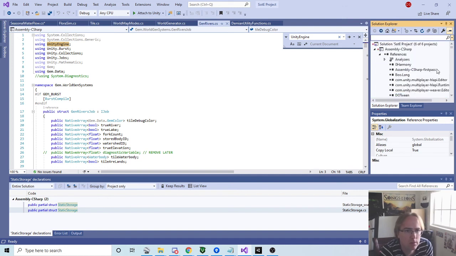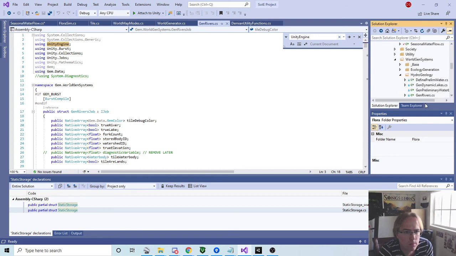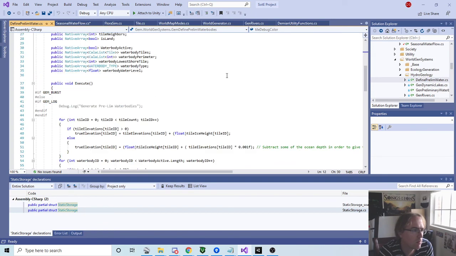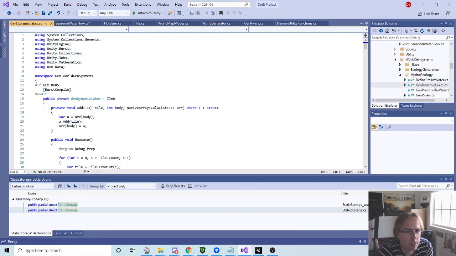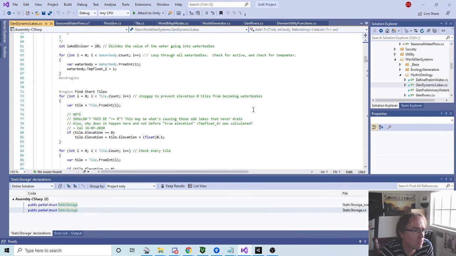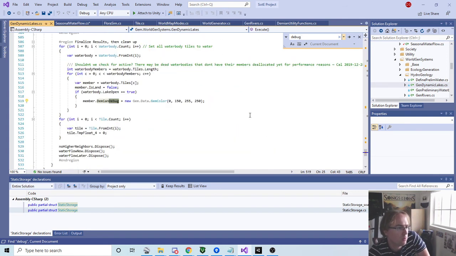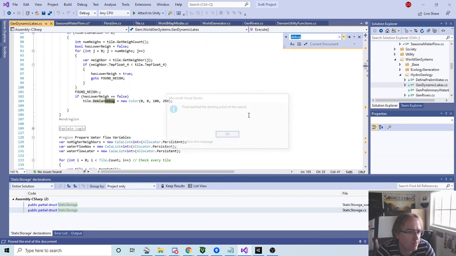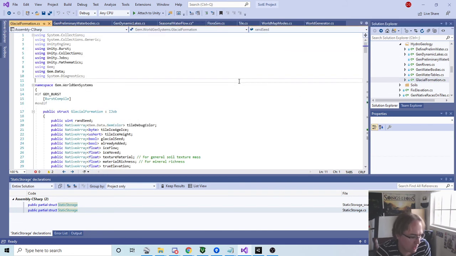Just want a file with an example of Unity debug because I can never remember what it is. I know glacier formation has it.